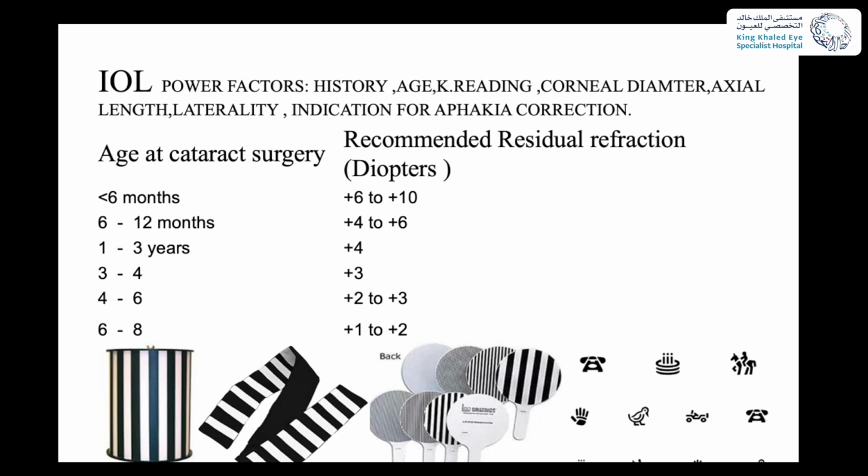You have to look at your experience, patient age, axial length, and based on that, you could think what's appropriate. If you find that the child is maybe 6 months, but the axial length is more than normal for his age, you have to be careful about putting in the high power.